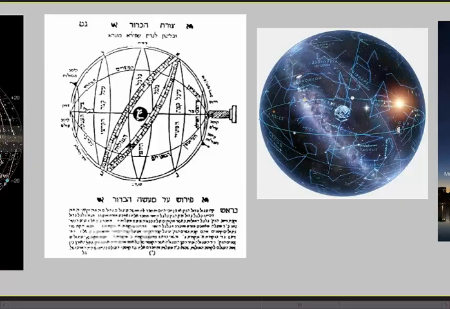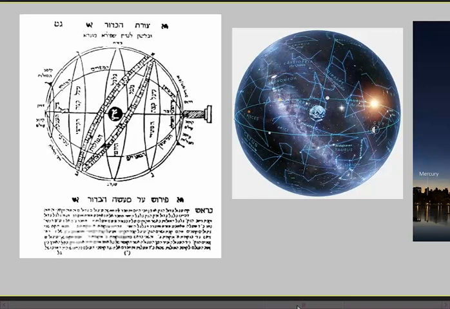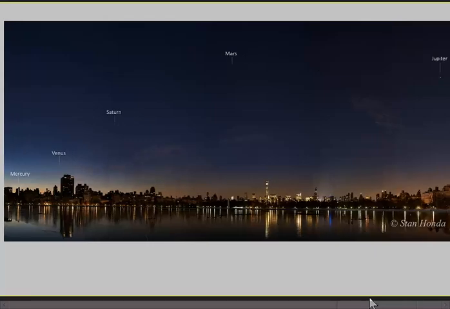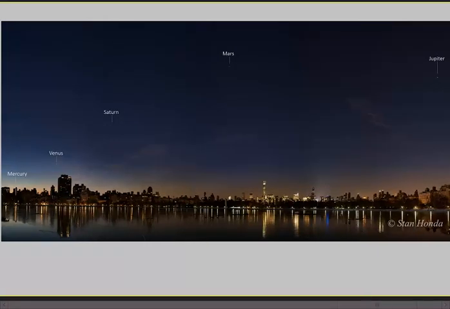This was hundreds of years before Copernicus. That's why I'm making note of it, because this idea is more ancient than people want to give it credit for. It was around. And here we have the planets in the night sky.